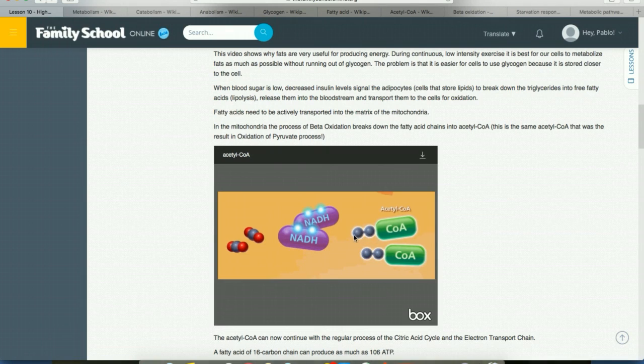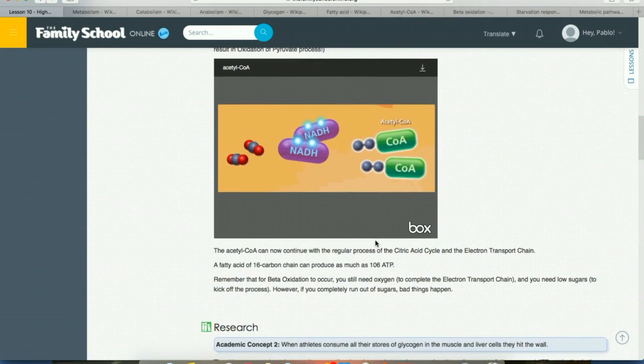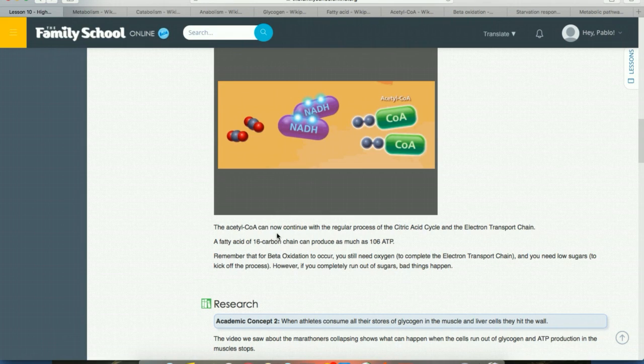In the case of the pyruvate being broken down, it releases 2 carbon dioxides because the pyruvate had 3, and then it forms the acetyl-CoA. The acetyl-CoA can now continue the regular process of the citric acid cycle and electron transport chain. A fatty acid of 16 carbon chain can produce as much as 106 ATP.